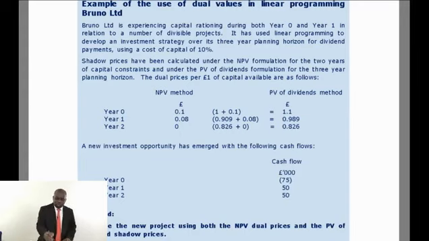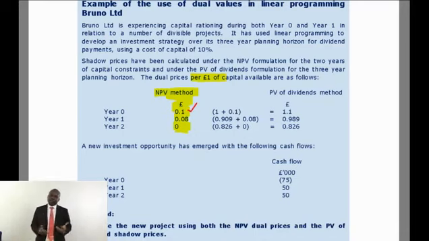So he's telling you, if you had used the NPV approach, these are the shadow prices per pound. What is the meaning? Any extra £1 you bring in year 0, you are going to get a benefit of 0.1. Any £1 you divert in year 0, you are going to lose 0.1.